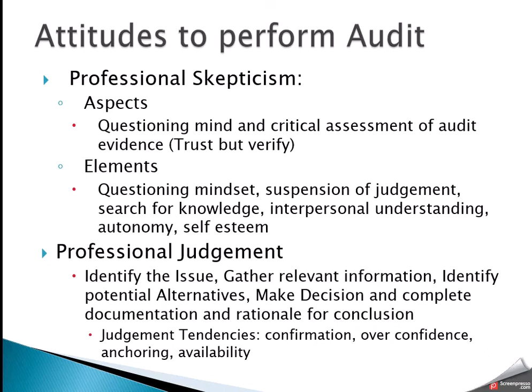So your judgment tendencies would be that you could have confirmation, where you've already decided, like you've already thought, hey, I think this place is very trustworthy and they make good decisions. And then you ask a few questions to the client's management, and you're confirming that and thinking, okay, my initial belief was that they were good, and now I've confirmed it. I'm moving on.